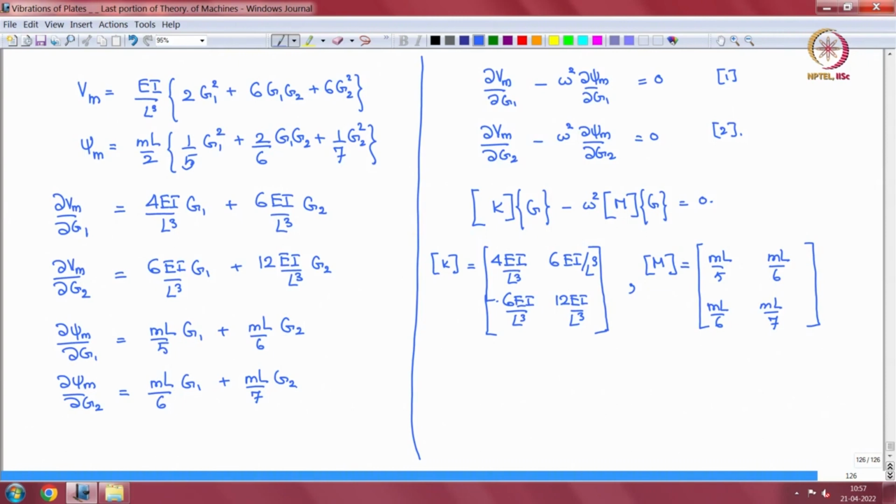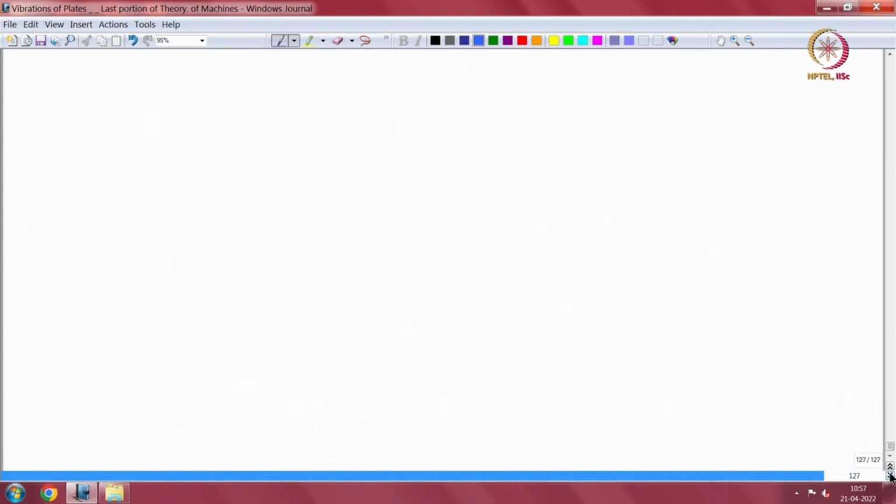Okay, so there is a shortcut for arriving at these matrices. What is the shortcut? K12, for example, Kij.